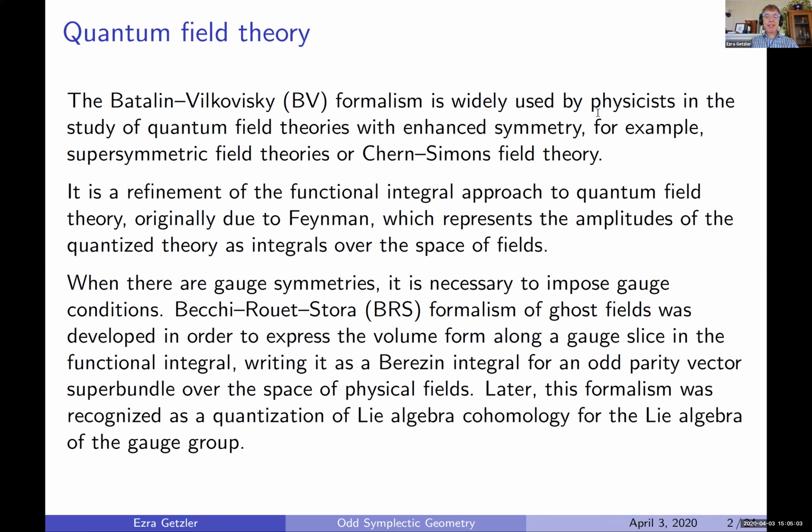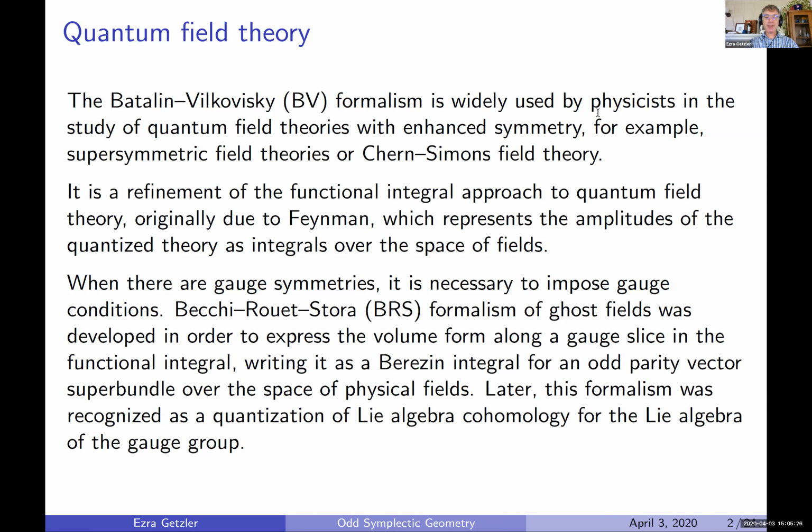Earlier in the 70s, there was the Becchi-Rouet-Stora formalism, which arose as a way of expressing the volume form for the functional integral along the gauge slice. It expressed it as a Berezin integral. I'll define those a bit later. A Berezin integral for some fermionic auxiliary field called a ghost.